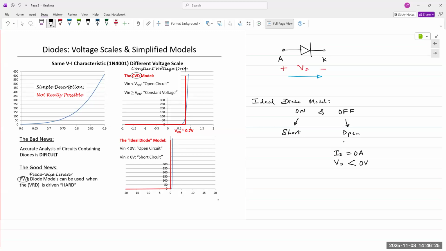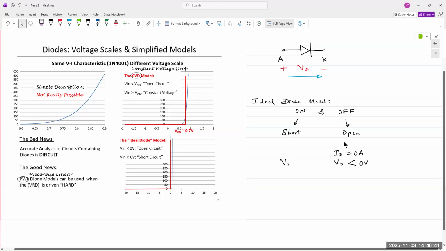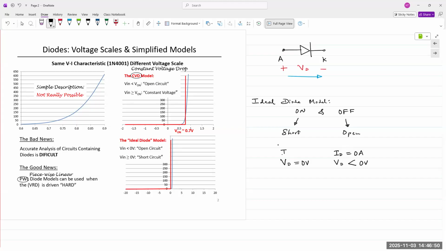If the two points are connected with a wire, they're electrically the exact same node. That means there is no difference in electric potential between those two points. So voltage is 0. So in an ideal diode model, if you assume the diode is on, then diode voltage is 0 volts. And because it provides a pathway for current to flow through, ID has a positive value, so it's greater than 0.